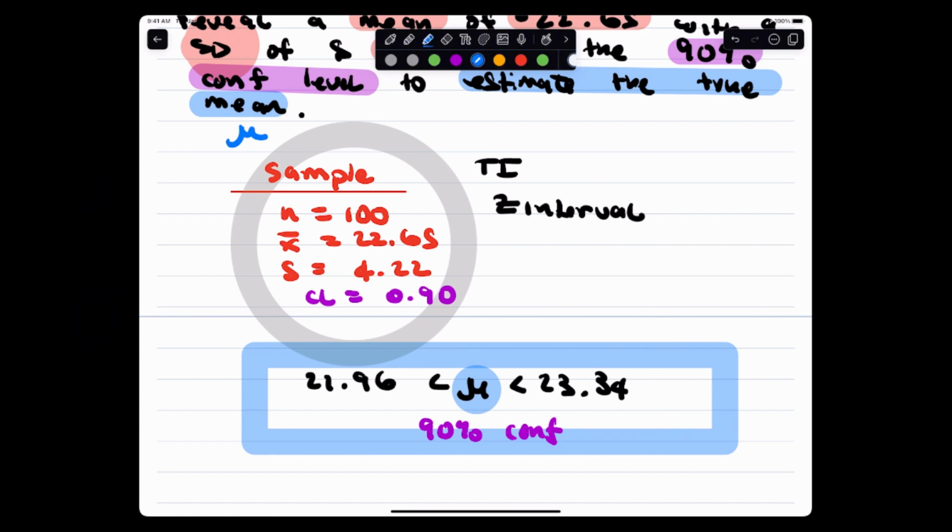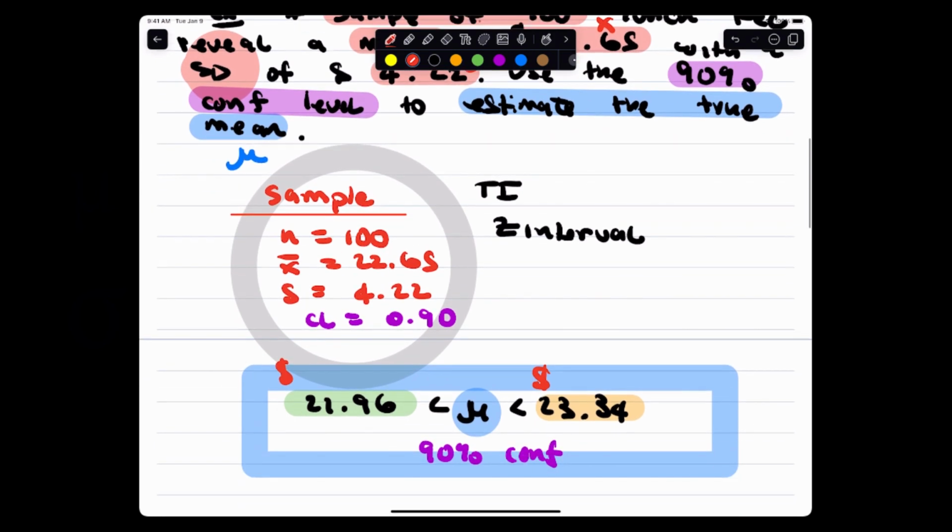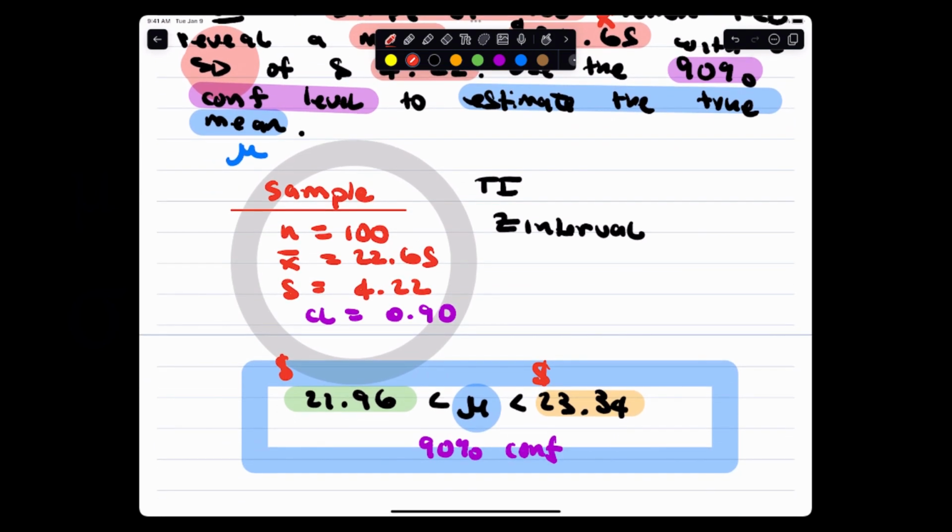Money. This is money. Okay, these are dollars now. So this is how people work with this. And this is how people think about it. You're going to spend between $21.96 and $23.34 on your lunch.